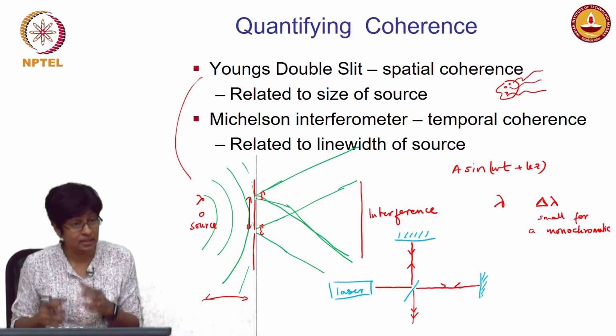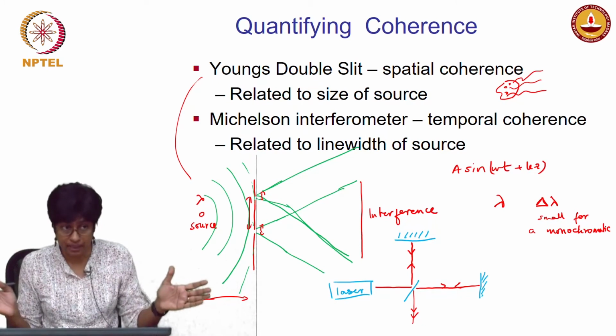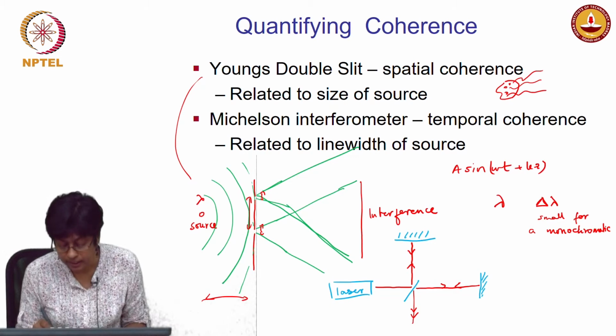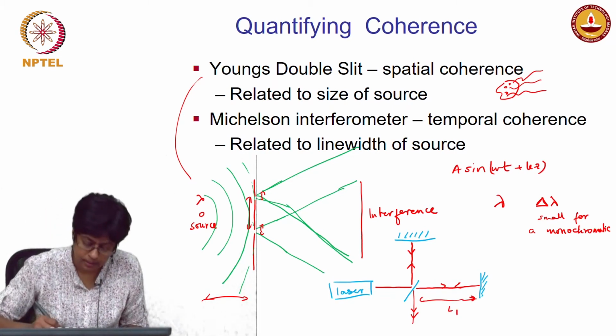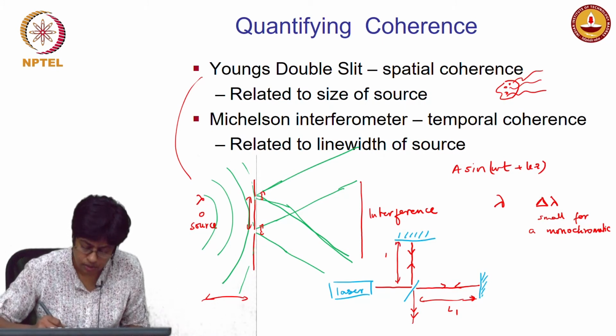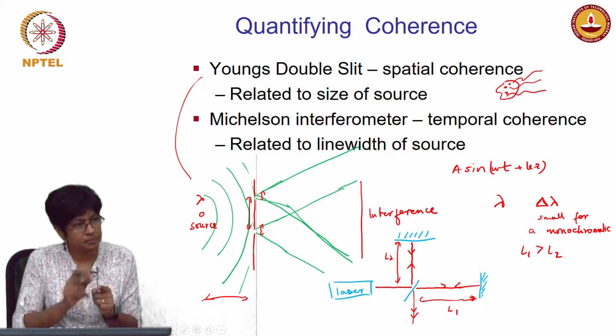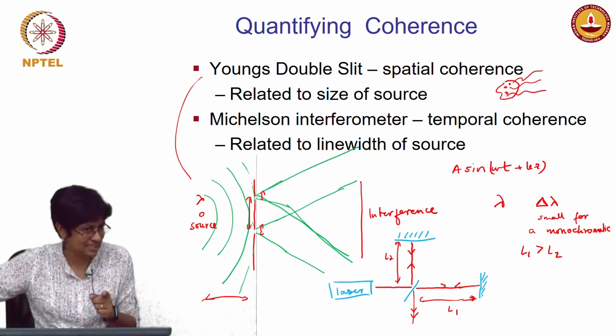In the Michelson, the two beams now travel different paths, and I've on purpose drawn one length as much longer. So, let us say this is L1 and this is L2, and I have drawn L1 greater than L2. So, one beam is travelling a greater distance.